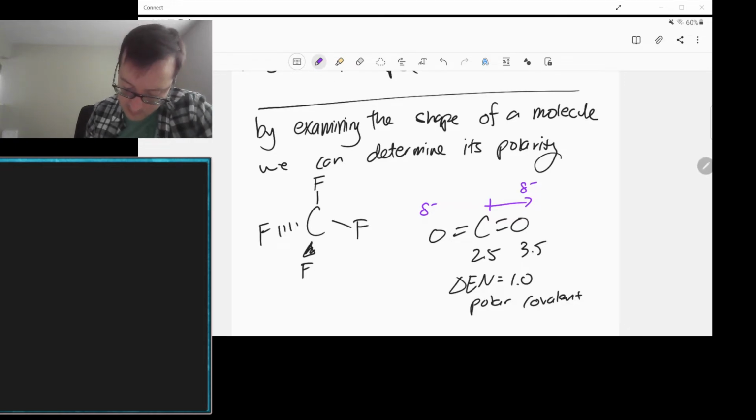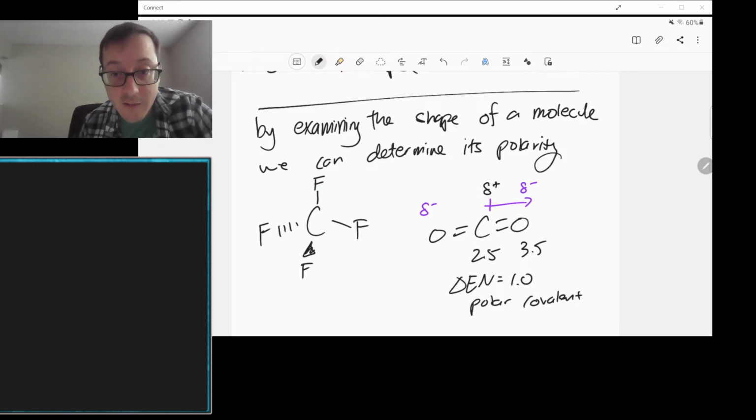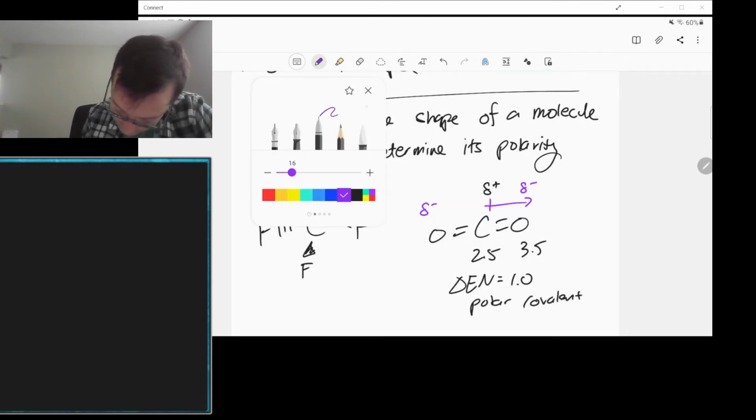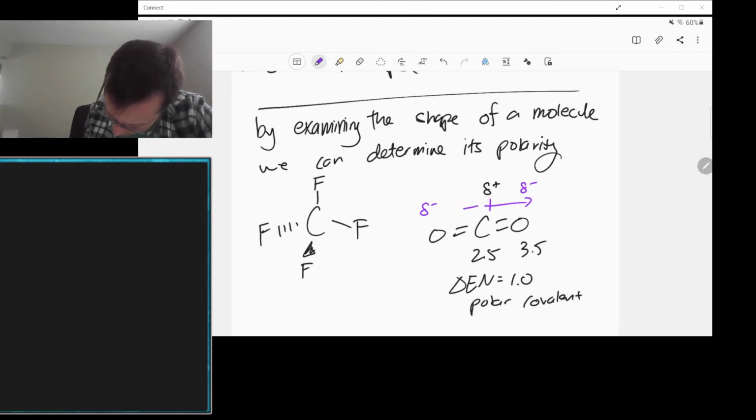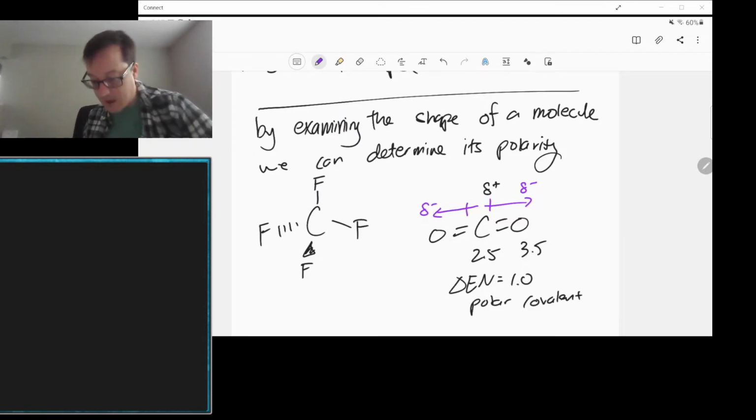These arrows are special. They show the positive side that has a little plus on it on the arrow, and then the arrowhead is the negative side. And we're going to see that on the other oxygen, it will be the same. We have the plus side on the carbon, then minus side on the oxygen.